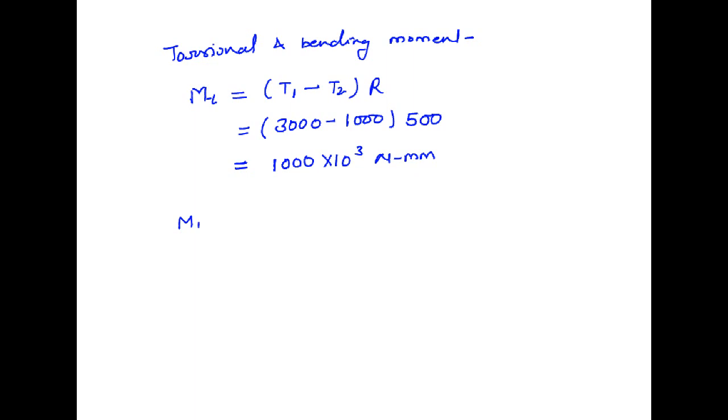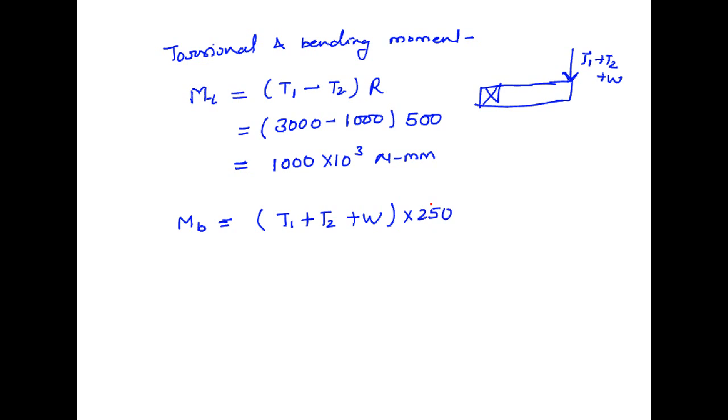Now if we want to find out the bending moment MB, this will be T1 plus T2 plus W. See, this is the shaft, and here we are considering the pulley. So the total reaction or the total force acting at this point will be T1 plus T2 plus W. So the bending moment will be T1 plus T2 plus W into 250.